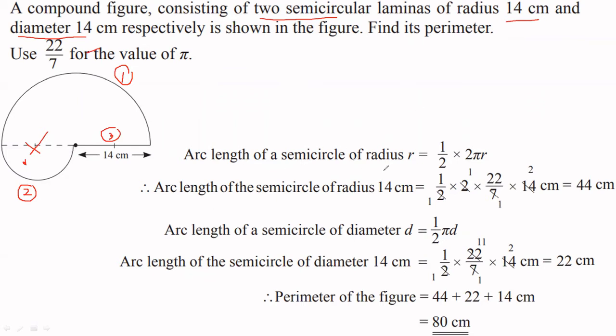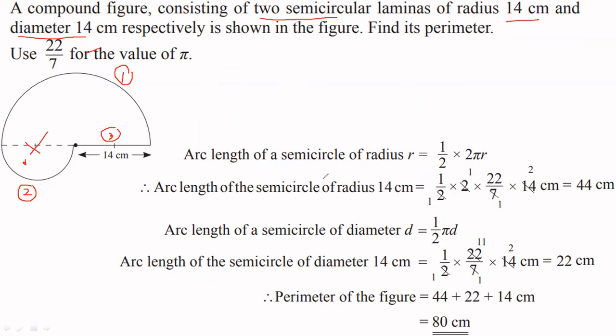Arc length of a semicircle of radius r is, now you know, pi r. If you use pi r directly, that is also okay. Arc length of the semicircle of radius 14 centimeters. That means this bigger semicircle.